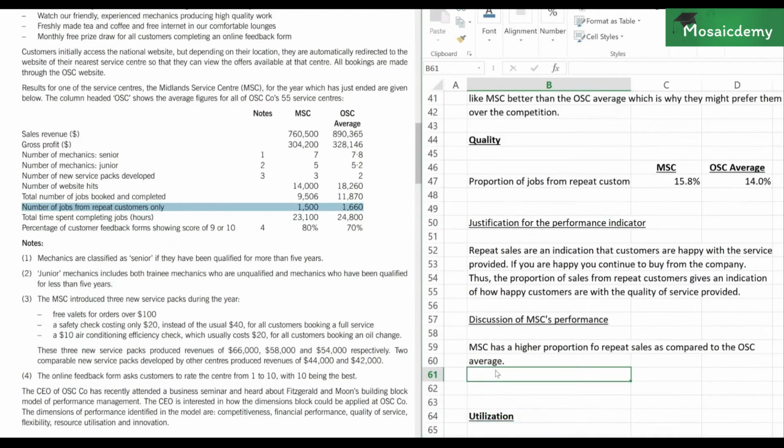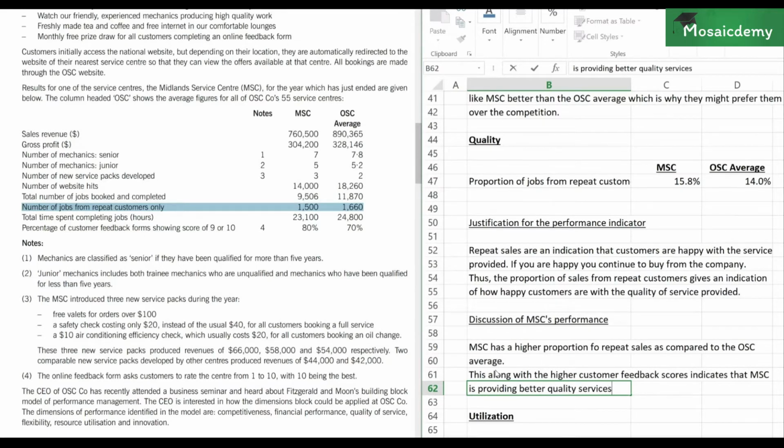This, along with the higher customer feedback scores, indicates that MSC is providing better quality services.